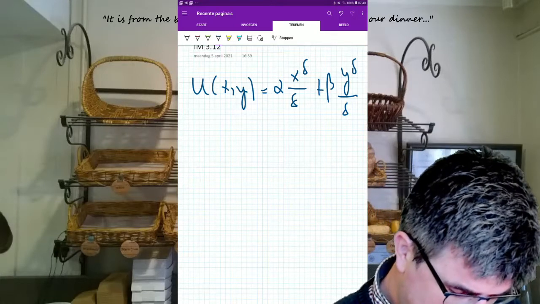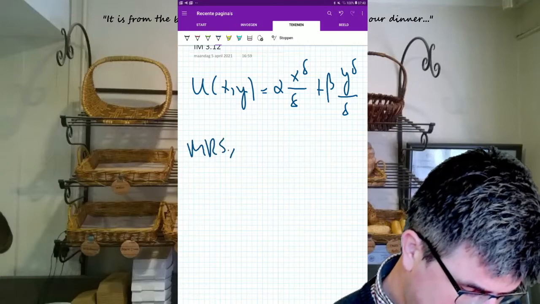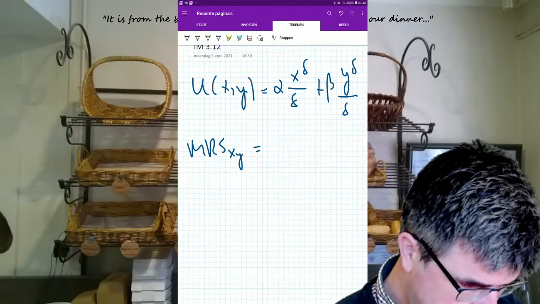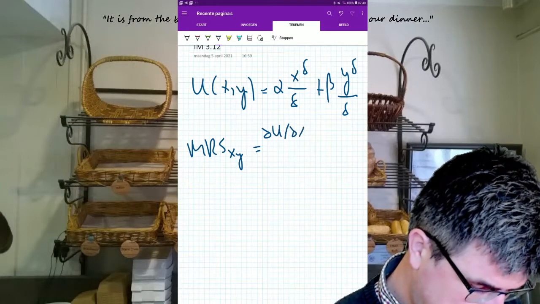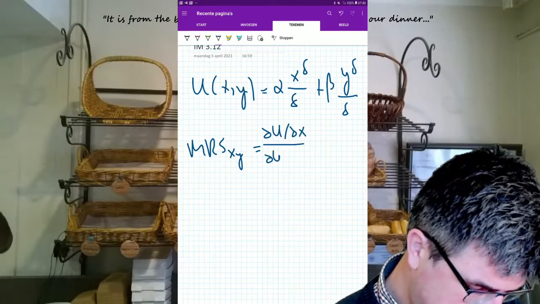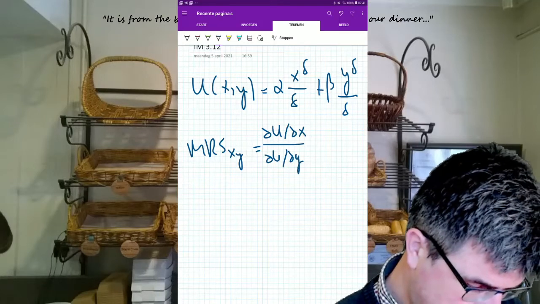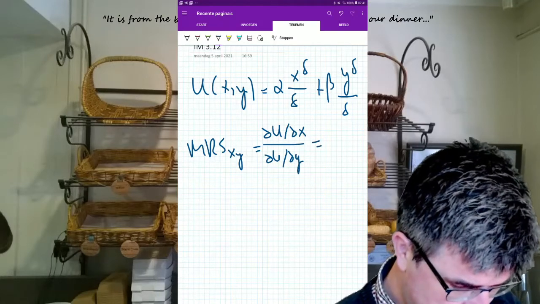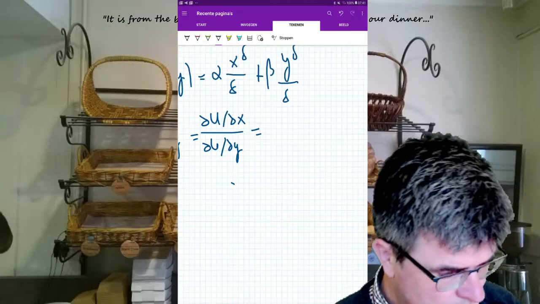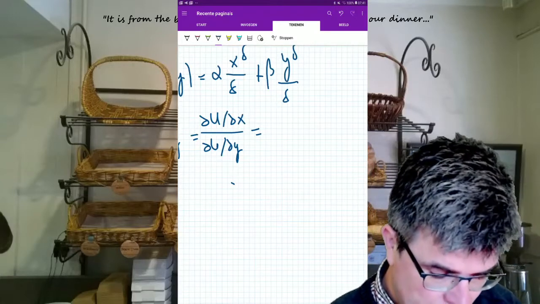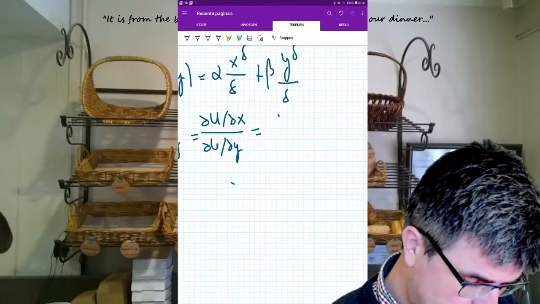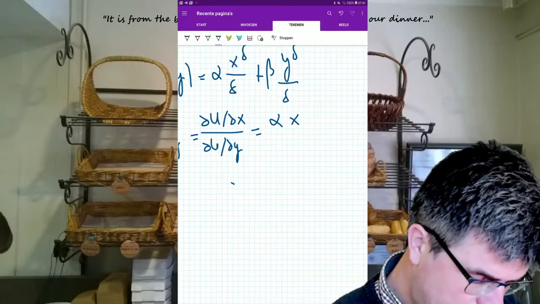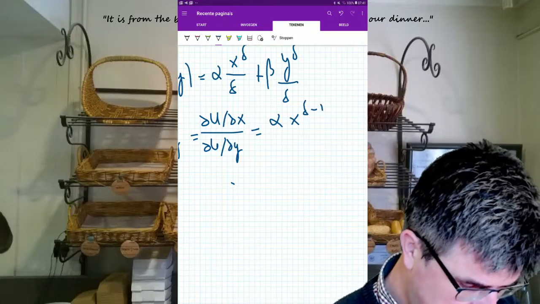And we have that the marginal rate of substitution is the partial with respect to x divided by the partial with respect to y. And just doing that, it's not that complicated, because if we take the first derivative with respect to x of the utility function, we arrive at alpha x to the power delta minus 1.